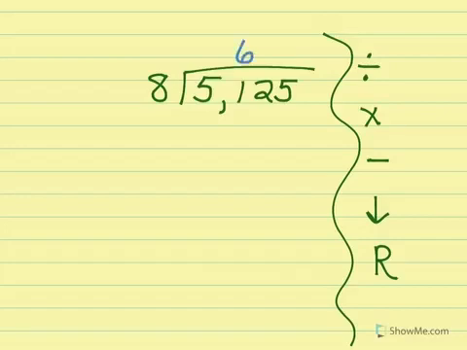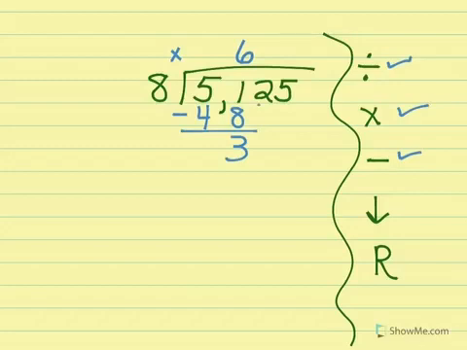So I'm going to say 6. Next up, I multiply. 6 times 8 is 48. Then I subtract. 51 minus 48 is 3. Next, I bring down the 2.